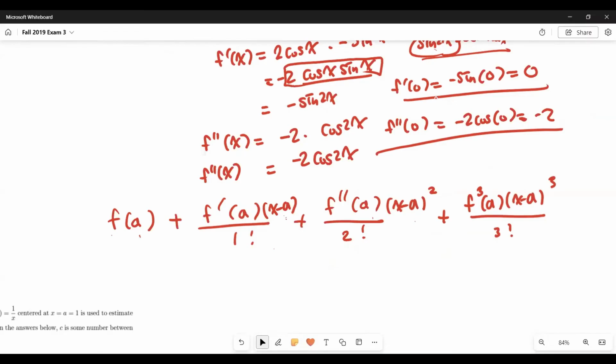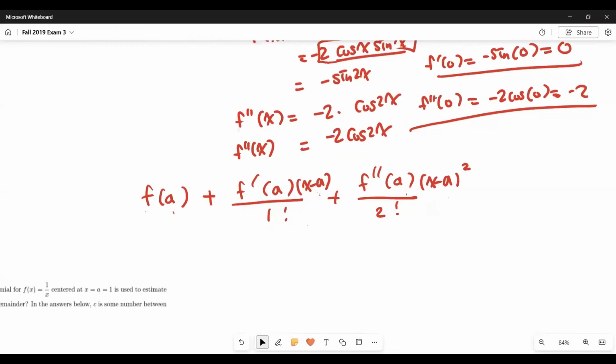But since we are only asked to find the second order, we are not going to worry about this part. So I'm going to erase it. We don't need it. So in our case, our a is 0.